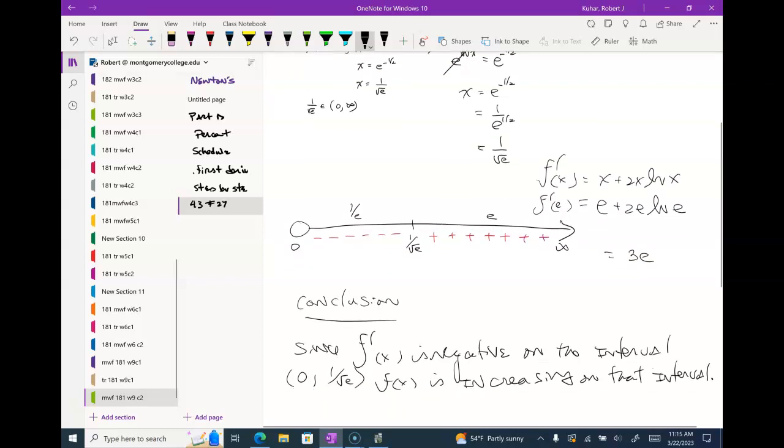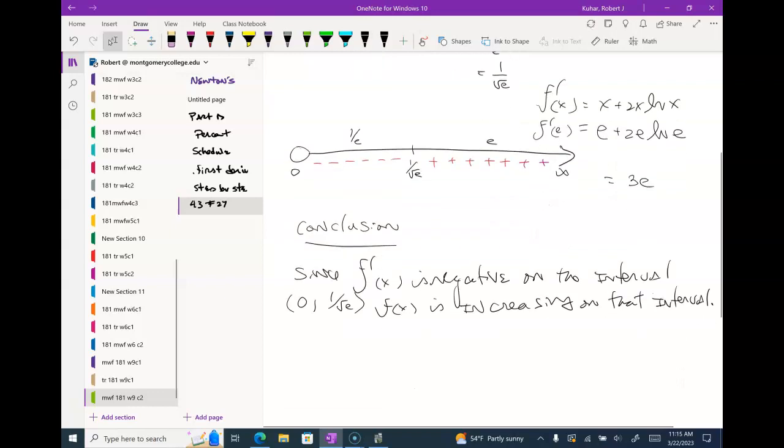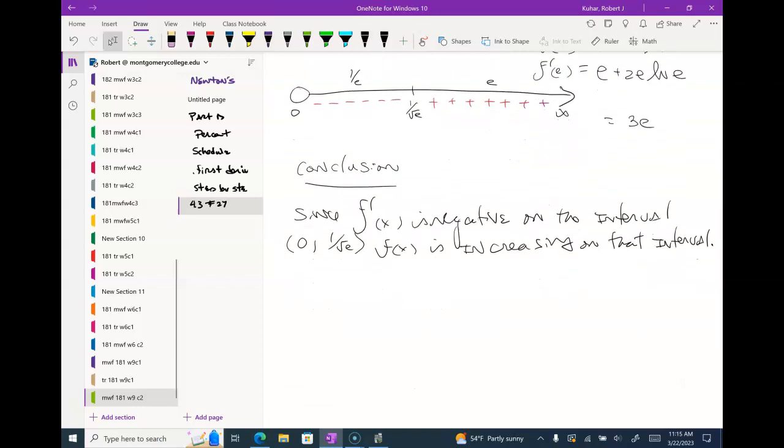You can see why this stuff is easy. Am I right? We've done all of this. All we're doing is finding derivatives, finding critical values, right? That's it. But it's a pain to do the problem. I'm sorry, not increasing, decreasing.